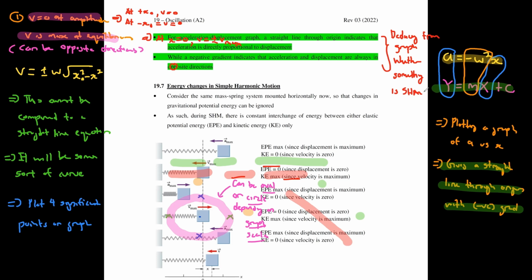Okay. So from the graph, you're supposed to see this. If you're given an acceleration-displacement graph, and you see that your graph is a straight line through the origin, it indicates acceleration is directly proportional to displacement. And then if you see further that the graph has a negative gradient, it means acceleration and displacement are always in opposite directions.